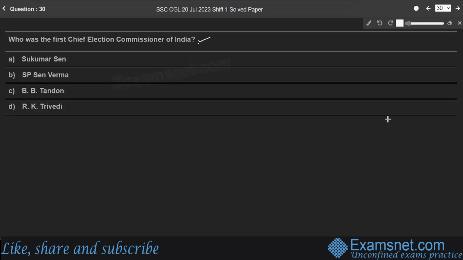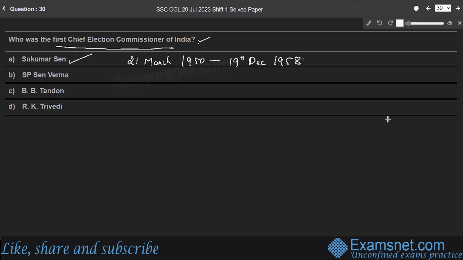Question 30. Who was the first Chief Election Commissioner of India? Option A, Sukumar Sen was the first Chief Election Commissioner of India, serving from 21st March 1950 to 19th December 1958.